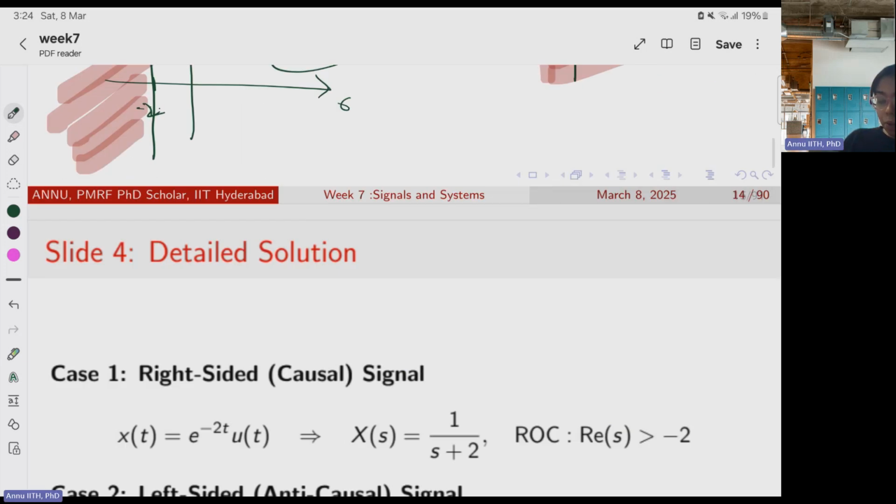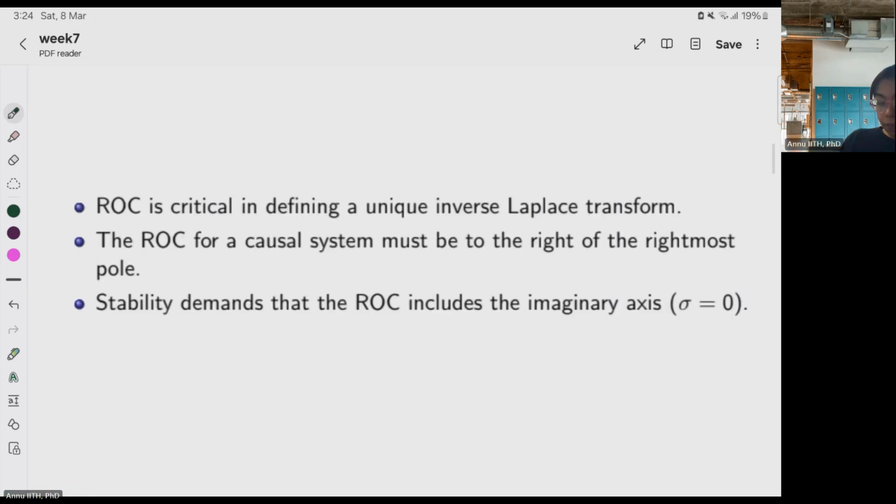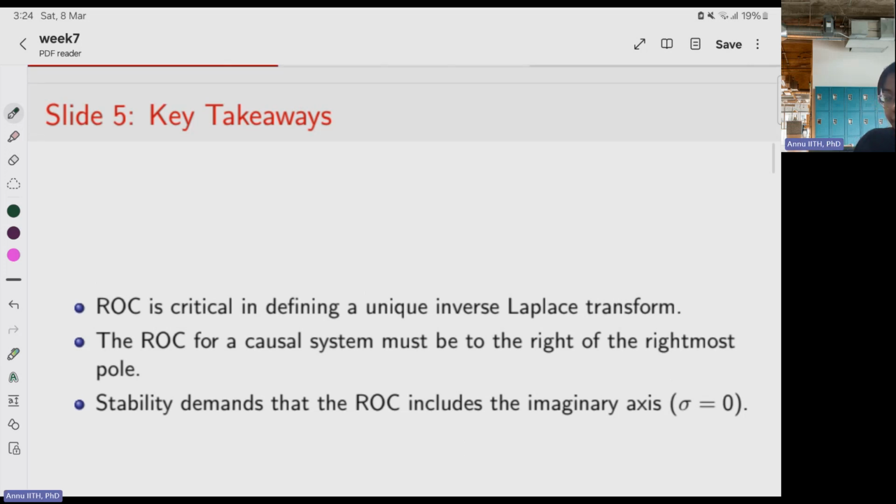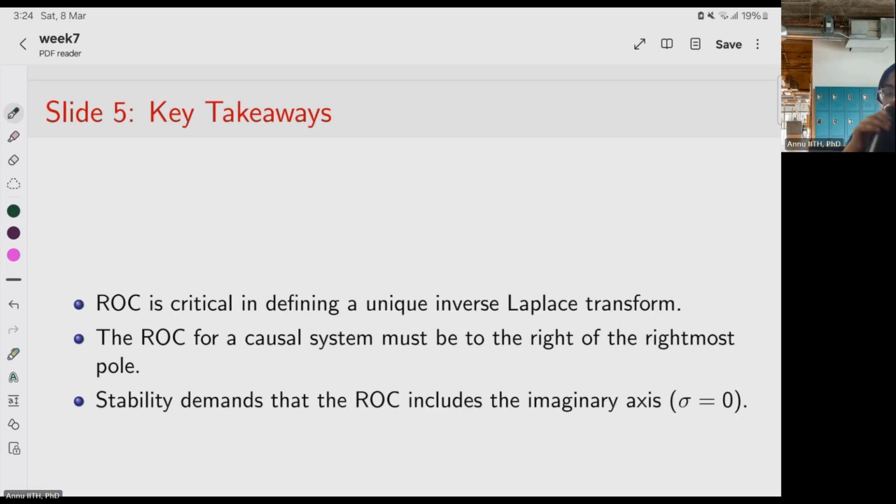A very, very important point to note here is, what are some key takeaways? The first and foremost key takeaway is the region of convergence.